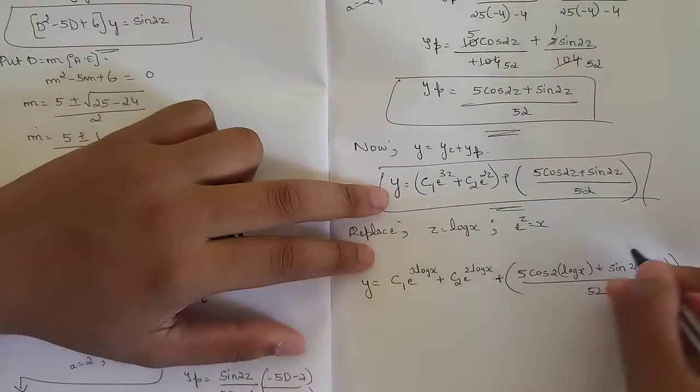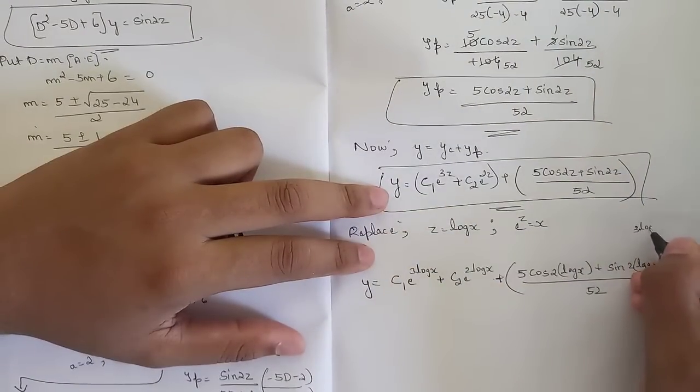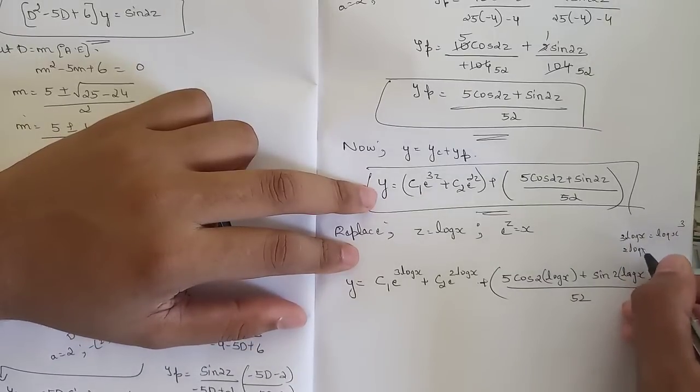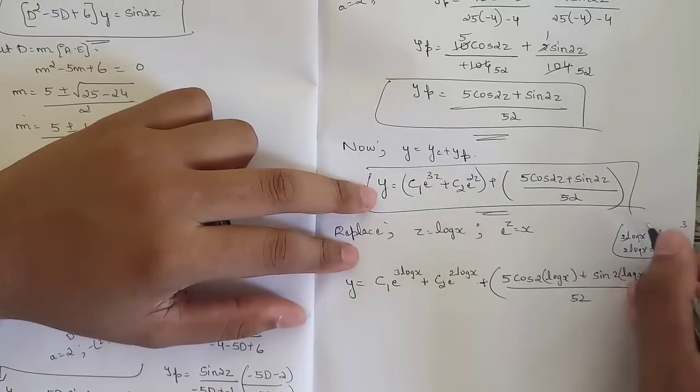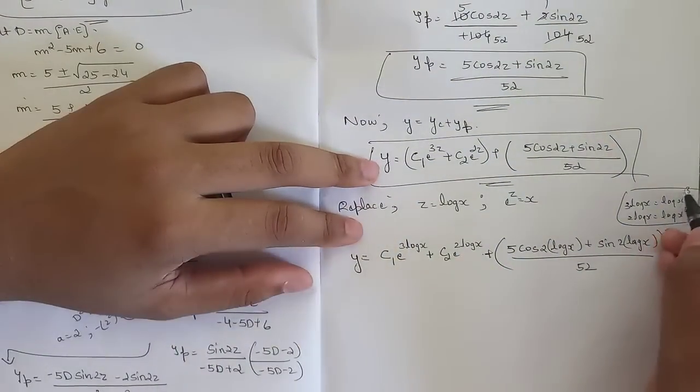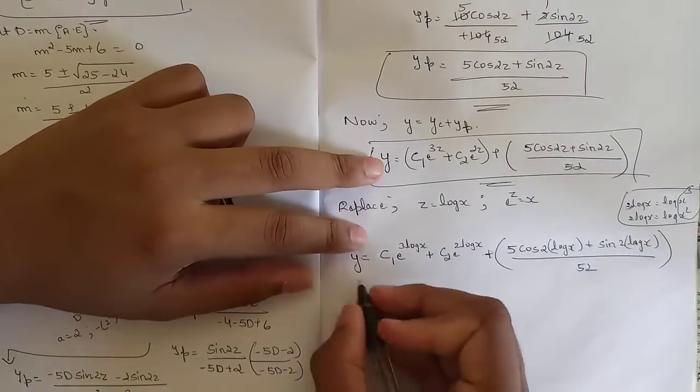Here we can write 3 log x as log x whole cube and 2 log x as log x square, right? After substituting that we can cancel e and log, so our leftover terms are x cube and x square.